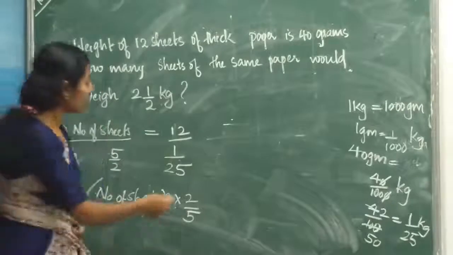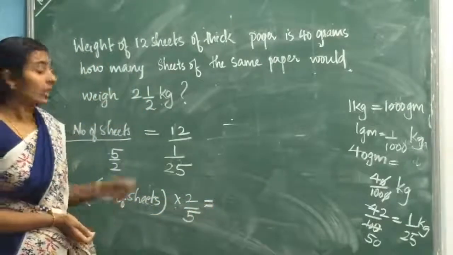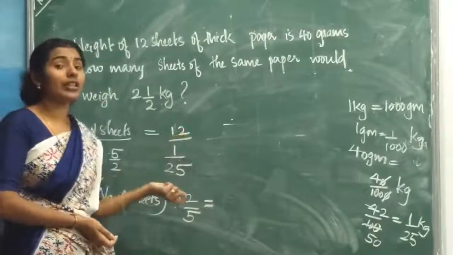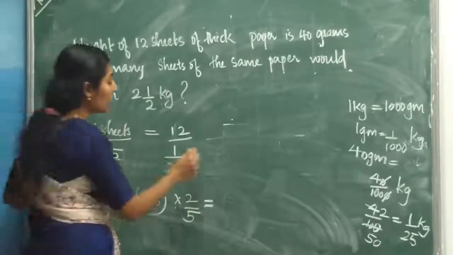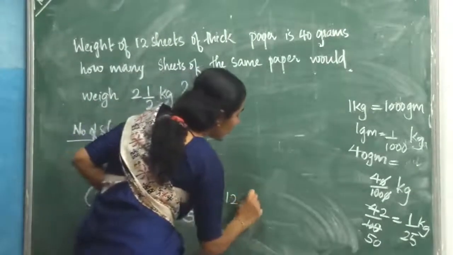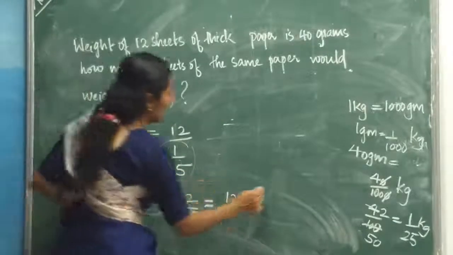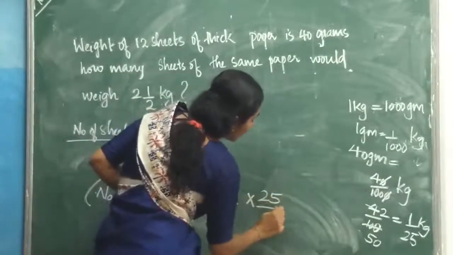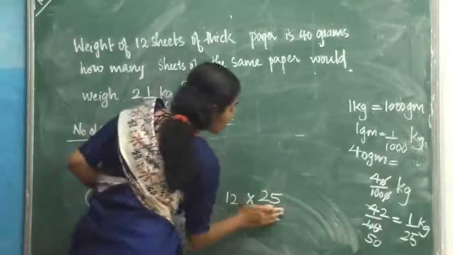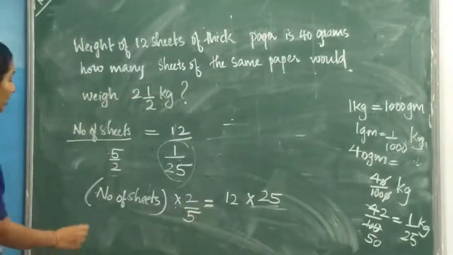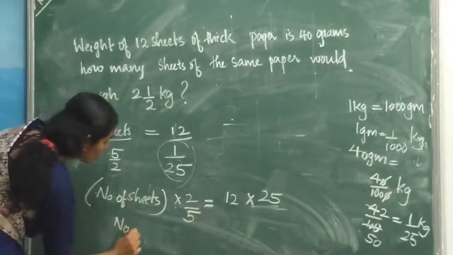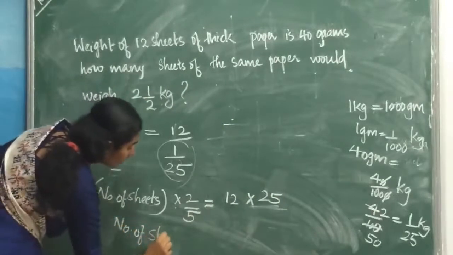Now see here also they are dividing a fraction. First number you should multiply with the reciprocal of the second. What is the reciprocal of the second? 25 by 1. 25 by 1 is 25 itself. So number of sheets multiplied by 2 by 5.